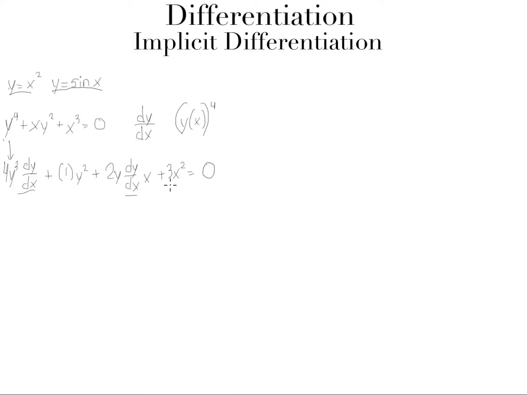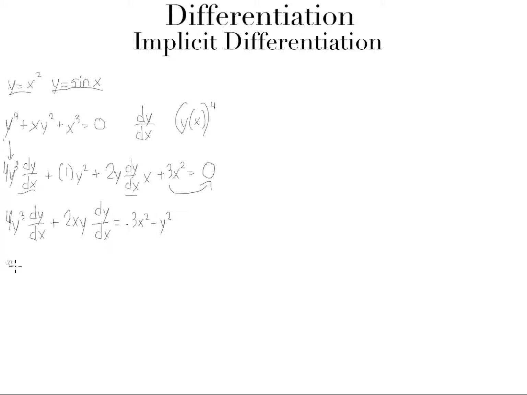And the way we do this is by bringing the terms without dy dx to the other side and then factoring it out. So we have 4y cubed times dy dx plus 2xy dy dx equals negative 3x squared minus y squared.